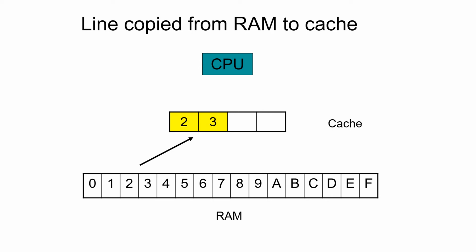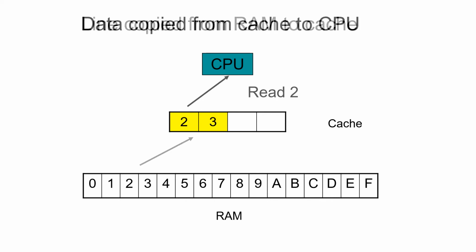These two words have addresses that are very similar. The address for 2 is 0010, where the address for 3 is 0011. They differ only in the rightmost, least significant bit. And then, since it wanted address 2, it copies that into the CPU.